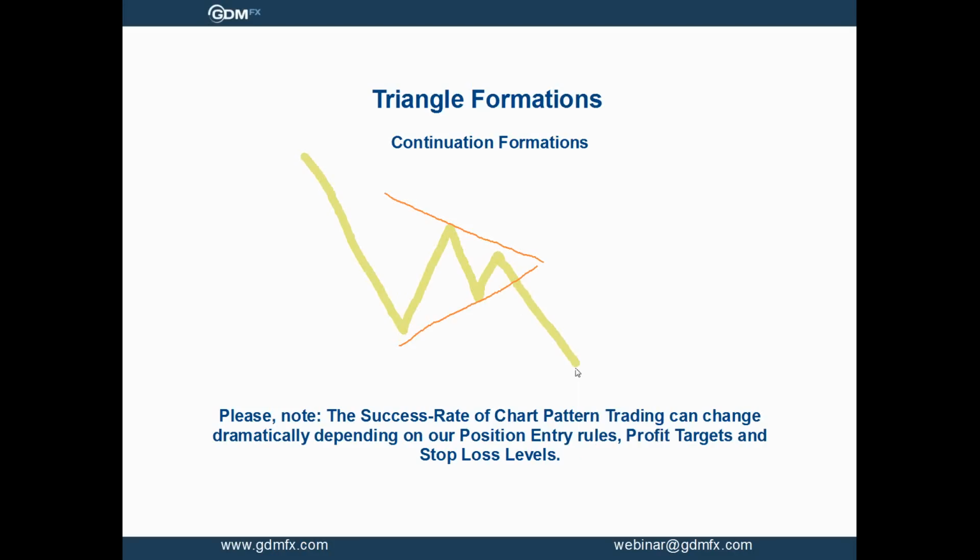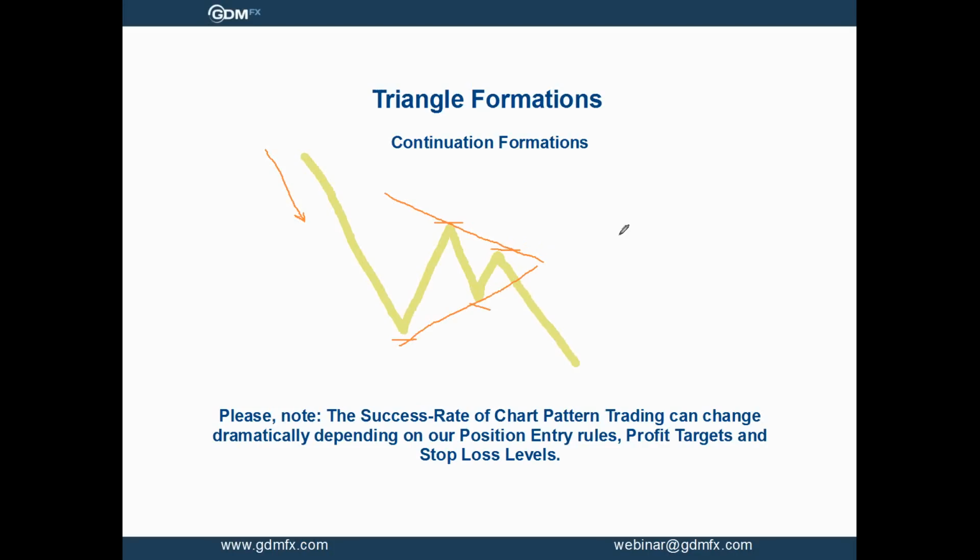Okay, there we go. In this case, actually, it would be called a symmetric triangle. Simply, we see that the market is in a downtrend. Then it starts retracing down here, and it forms a series of highs and lows, one following the other.